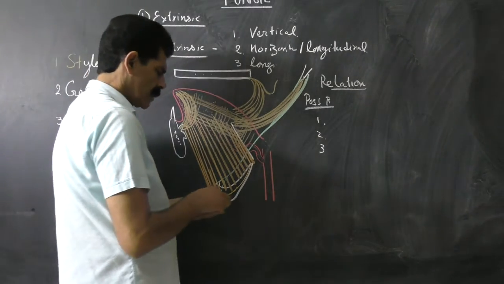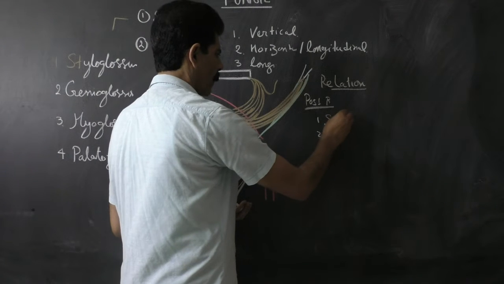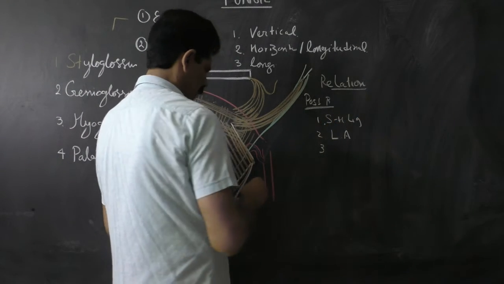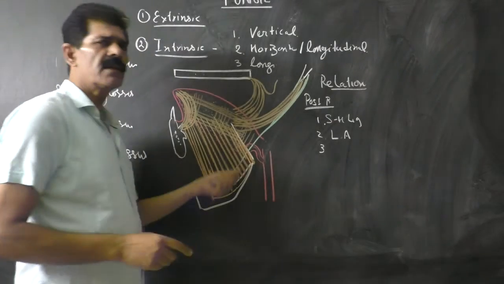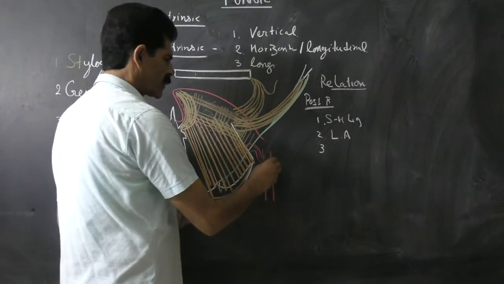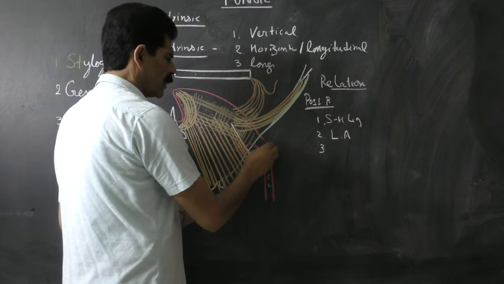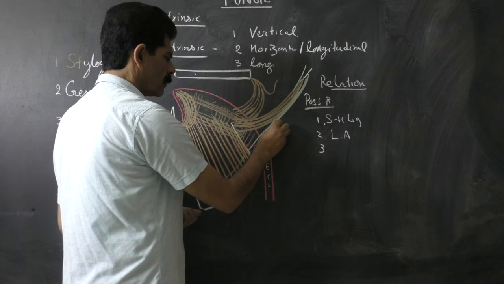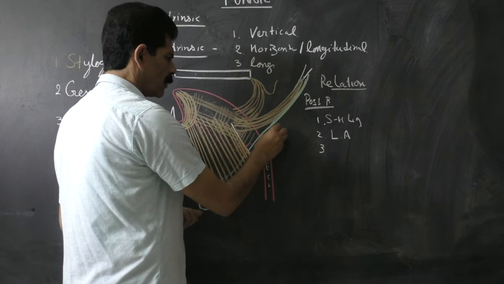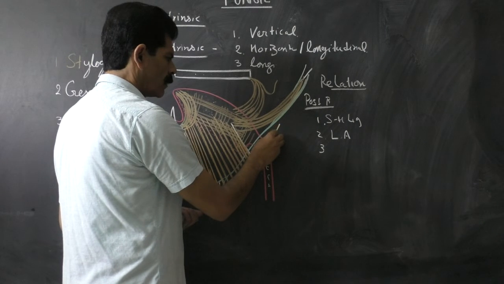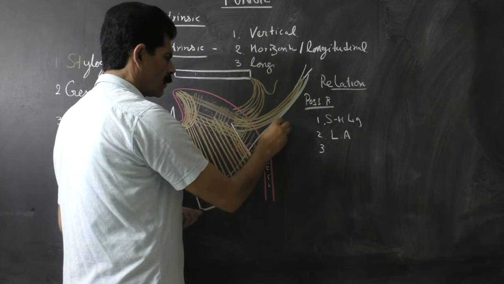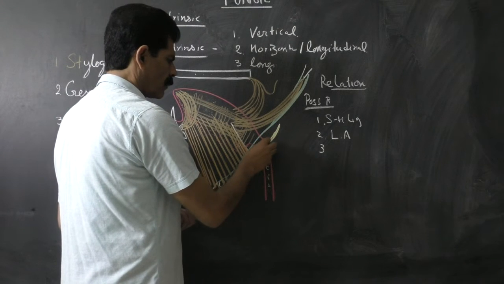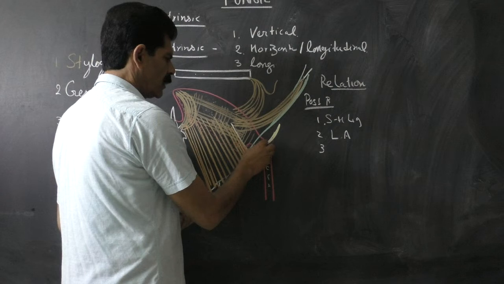So first it is related to the stylohyoid ligament. Second, it is related to the lingual artery. Third, the first loop of the lingual artery, as it arises from the external carotid artery, is crossed by the nerve.